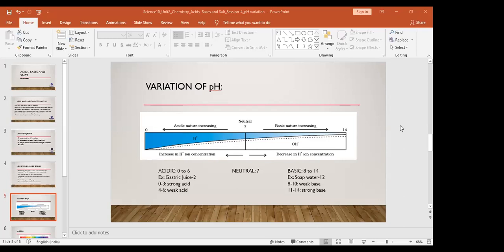So what is happening to the H plus ion concentration in these two cases? The H plus ions are getting reduced. In which case, 0 to 7? Dharmin, see the slide, I'm sharing the slide also.